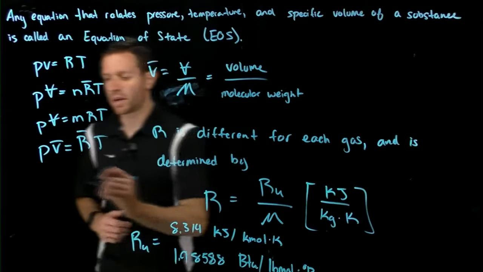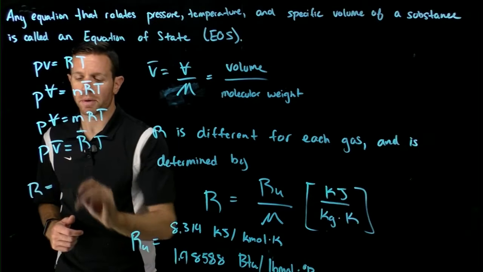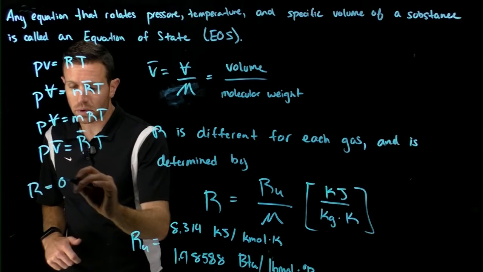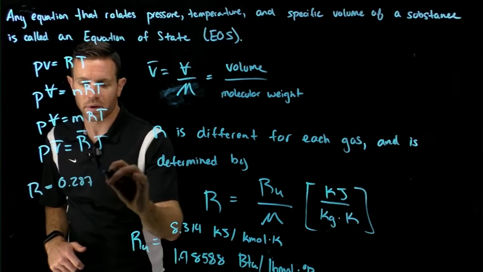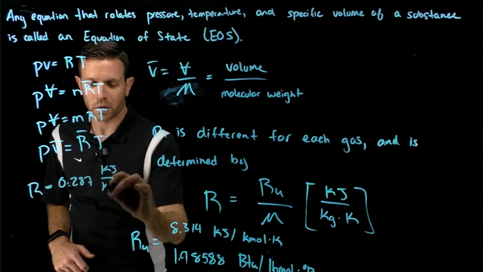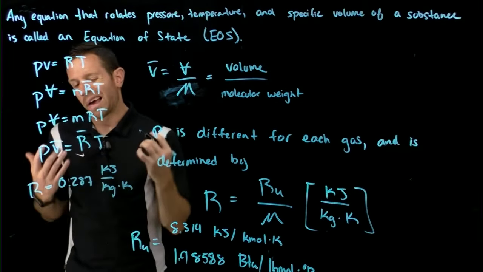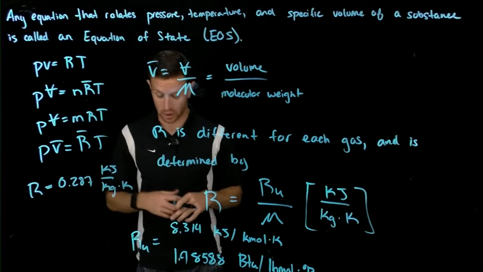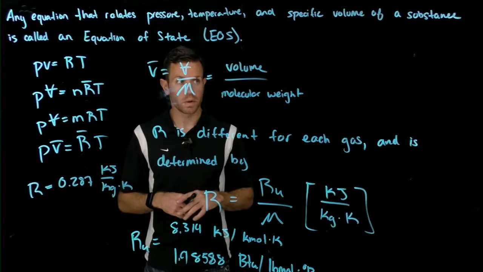For air, and this is worth committing to memory because you will use it so often in this course, R is equal to 0.287 kilojoules per kilogram Kelvin, and you'll maybe also see that as 287 joules per kilogram Kelvin. Okay.